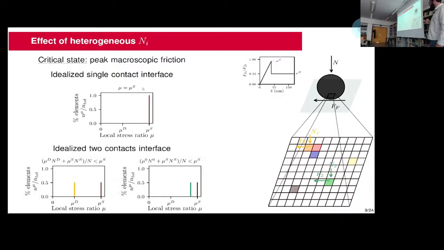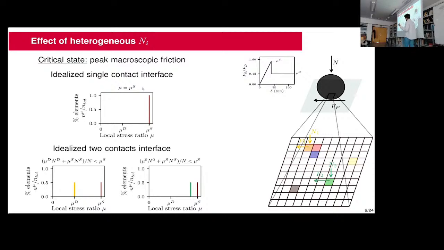Now, if we look at two asperities, there are two possible cases. In the first one, we have one asperity that has, let's say, a small normal load on it, and the other one has a really large normal load. When the low-loaded asperity fails, the redistribution of stress is not sufficient to make the other asperity break.